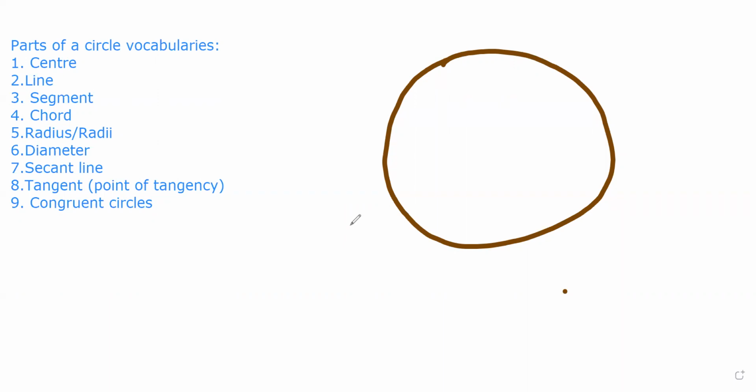Now, we're going to locate each one of these in the circle, and define them as we go along. The first thing we want to look at is the center. The center is simply the middle part of a circle, and normally we represent it as a dot or a point.